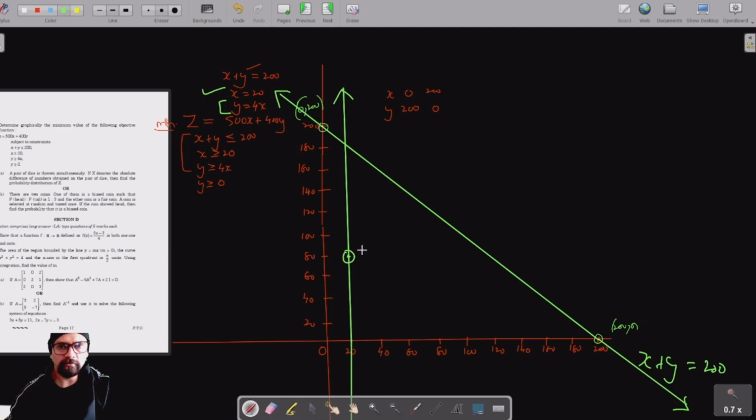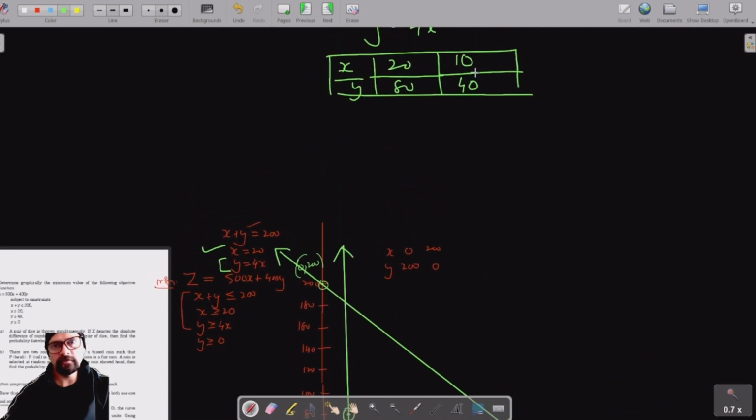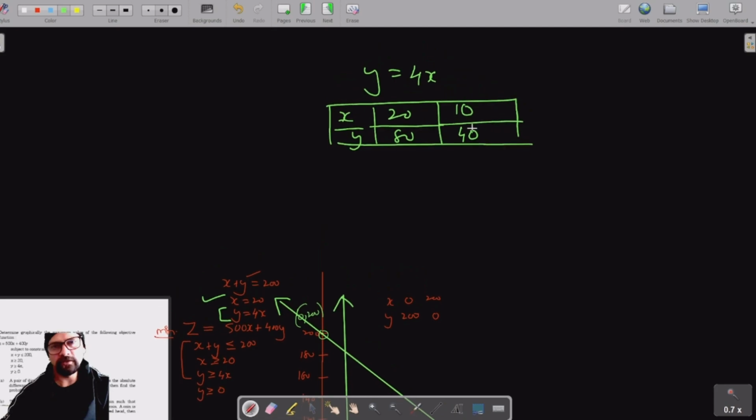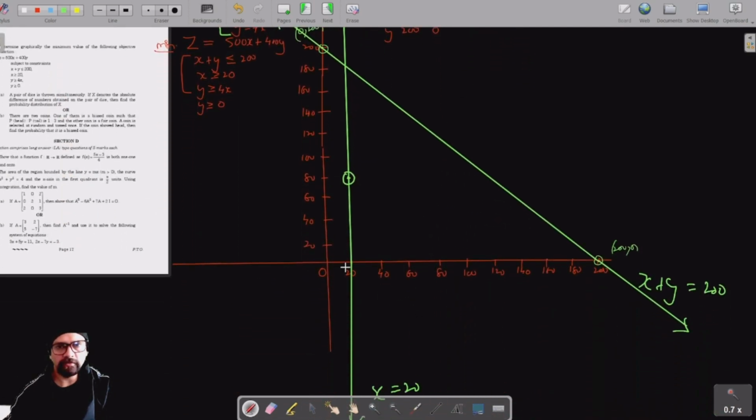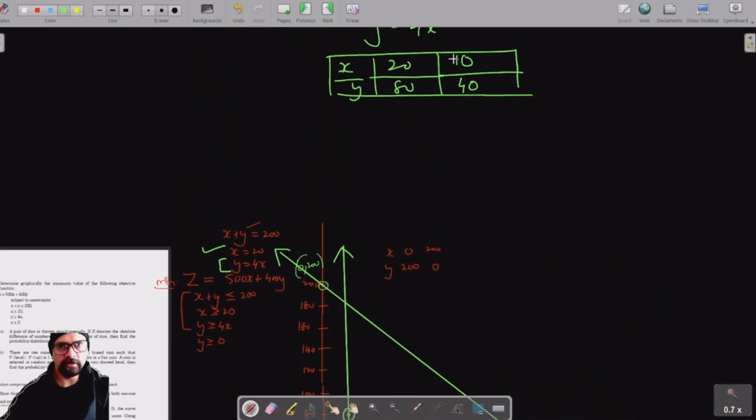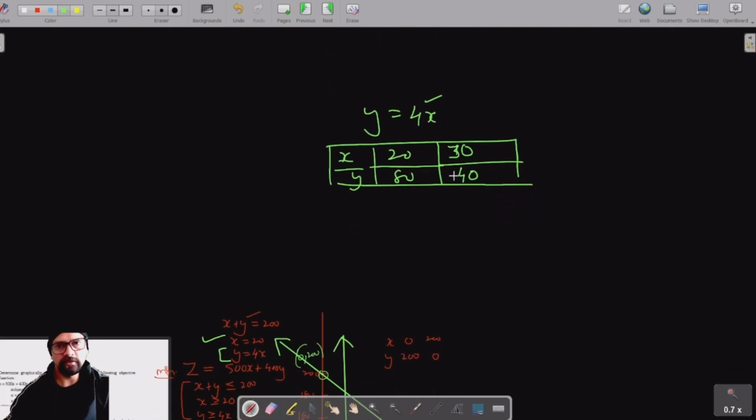This is the point 20, 80. And for the next, let me take some value greater than 10. Let's take x equal to 30.